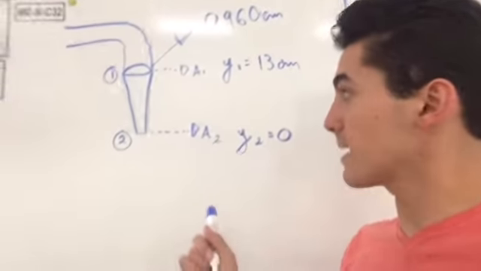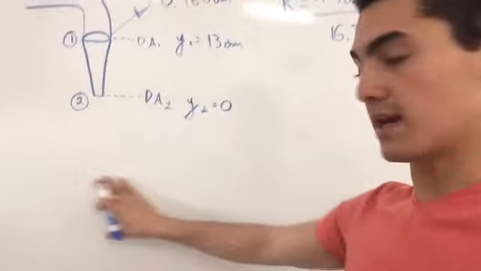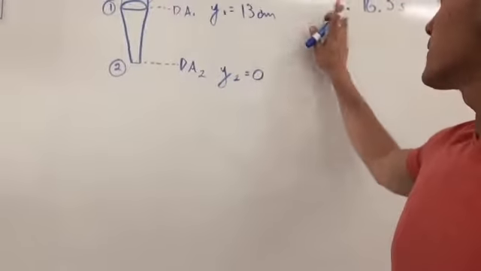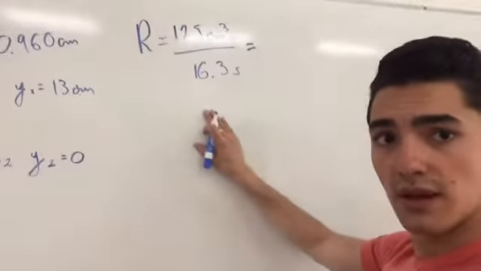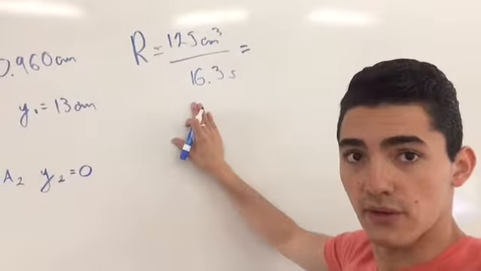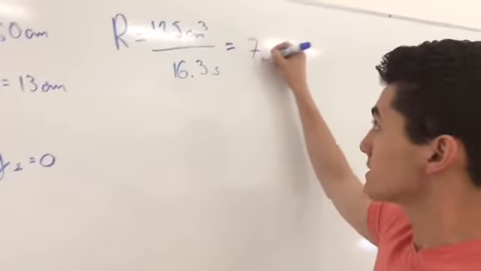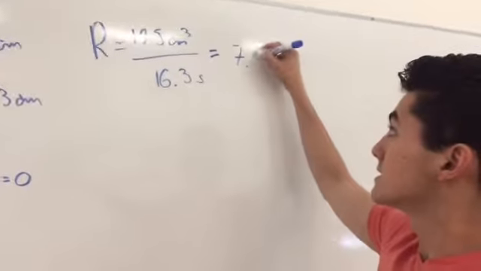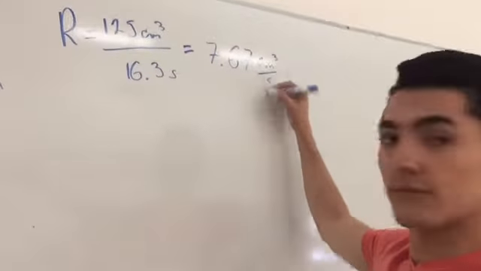Then we have to use our Bernoulli's equation. I'm gonna write it here. But first we have to calculate exactly the rate of flow. So by doing this division, we have that the rate of flow is 7.67 centimeter cube over a second.